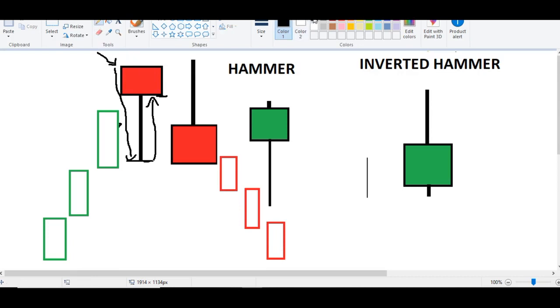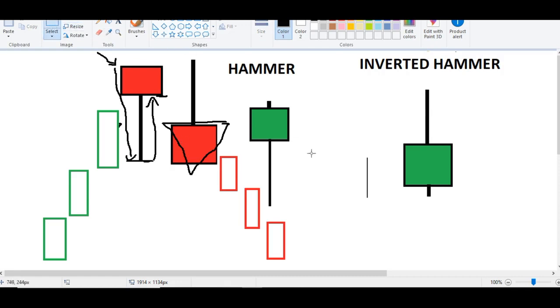One very easy way of remembering this is wherever you see the body, this red portion, simply draw a down arrow like this. You can clearly see that this turns into a down arrow. And if this is pointing down, that means it is pointing for price to move lower, right? So whenever you see either of these at the top of a trend, it is a good sign that price may reverse, right?